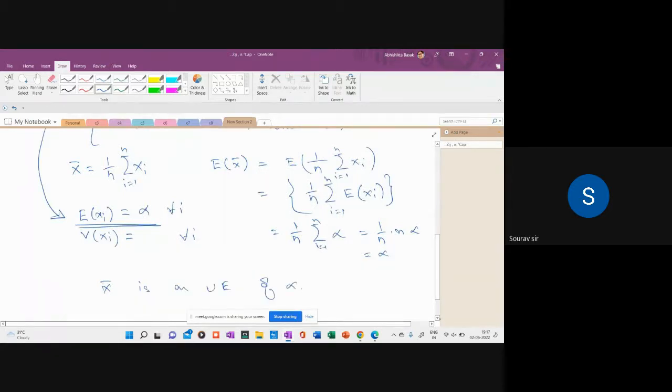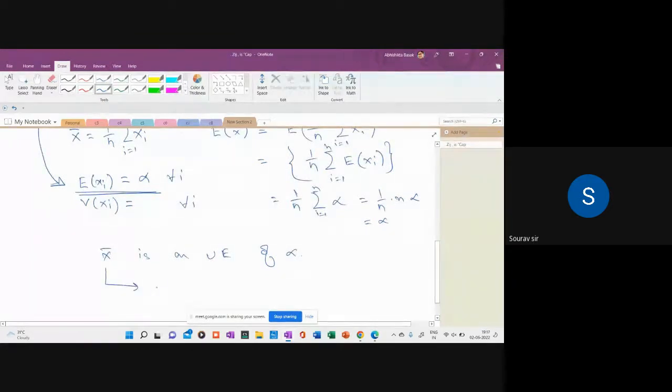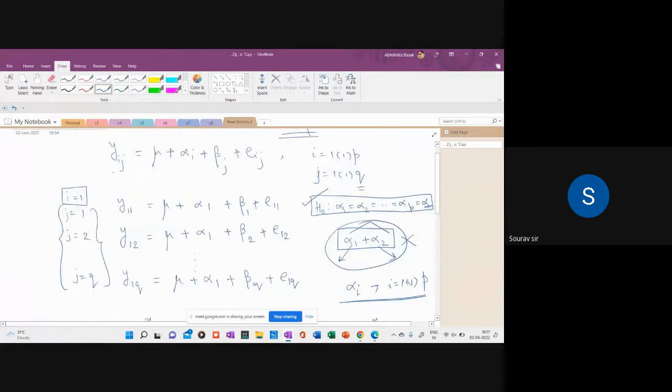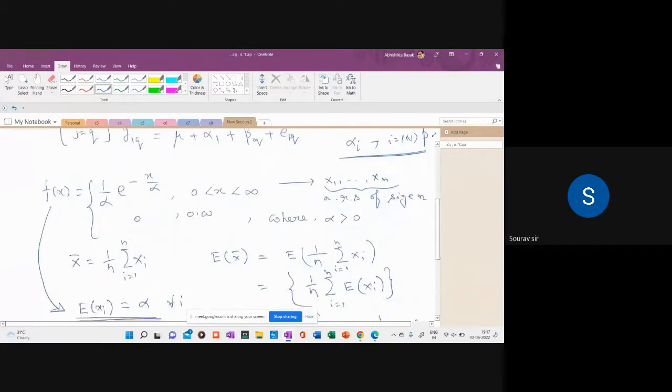If you look at the qualities of X bar, X bar is also sufficient, and X bar is also complete as well. Moreover, this distribution belongs to the exponential family of distributions. This is a very important thing.